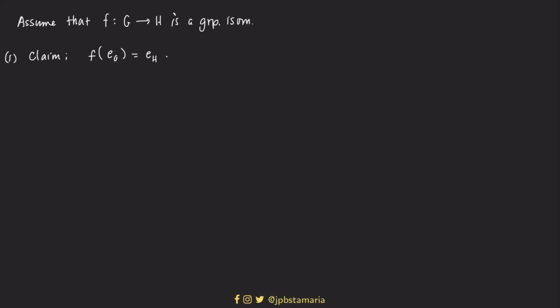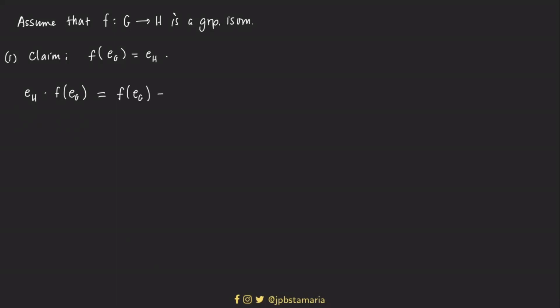If I multiply the identity of H and f of EG, remember, this is an element in H, and this is an element in H because it has an F. Once you have an F, you are in H, right? If I multiply the identity of H here, what happens? This is just f of EG, because EH is the identity in H, correct?